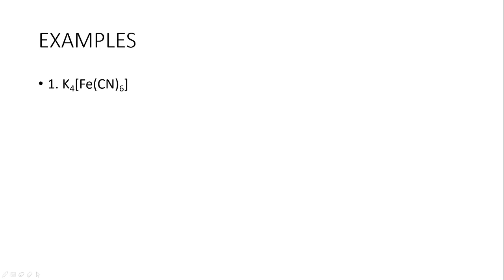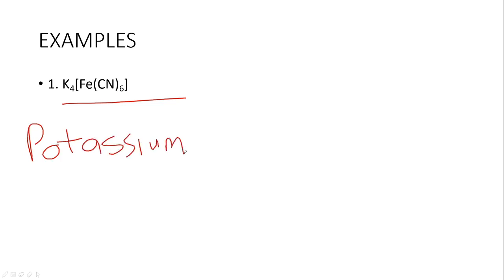Now we have an example here. Our first example, we are asked to name this compound. From our rule 1, I told you that when there's a metal attached to the complex, the name of the metal comes first. So first of all, we have potassium. This name is constant. After that, the next rule I said, the name of the ligand comes next.